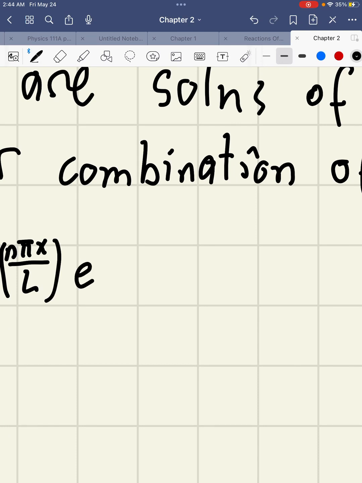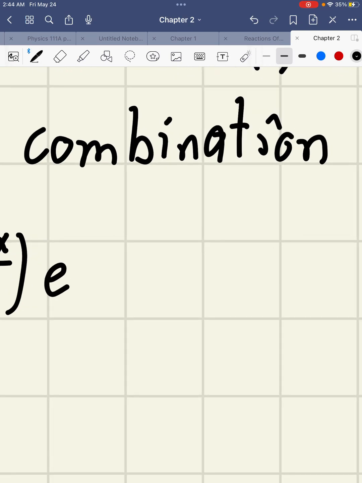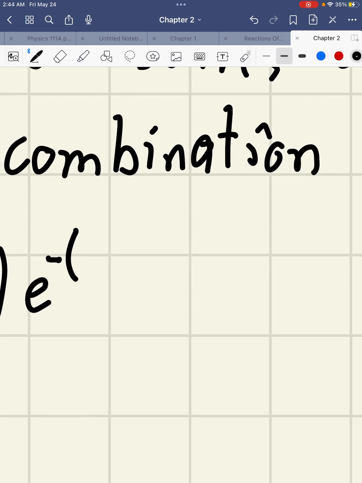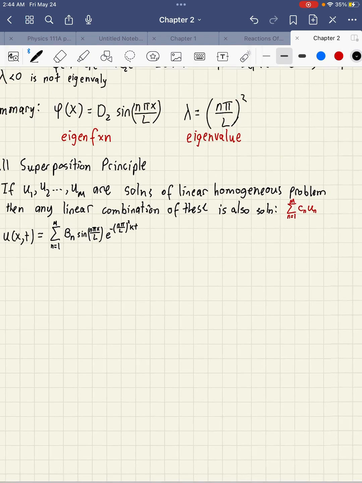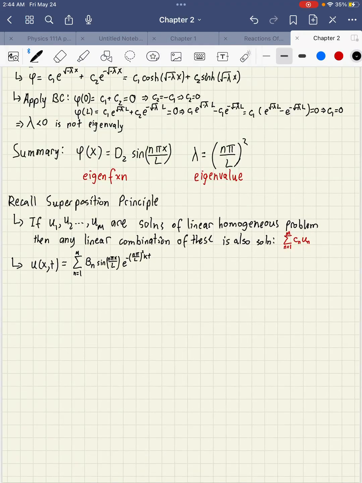Now my time dependent part also contains the lambda, so I'm going to substitute the lambda, which is n pi over L squared, times k times t. Okay, this is my solution.